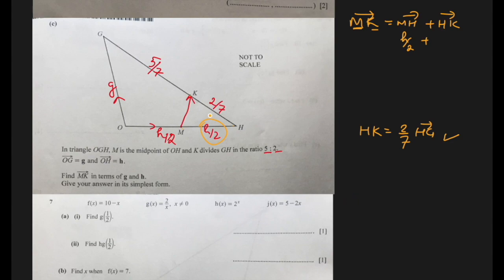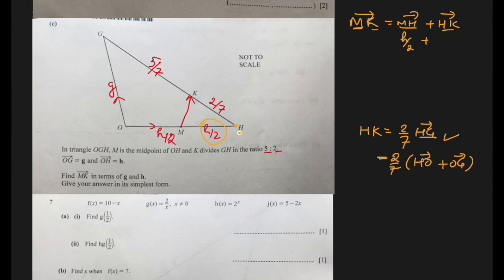Now, HG itself is unknown to us. It is not in terms of H and G, but I can find it. From H, I can go to O. So I can write 2/7 as 2/7, but HG can be written as HO first, and to reach G, OG. Just like I did MH plus HK, same I did for HG: HO and OG, because I know HO, I know OG.